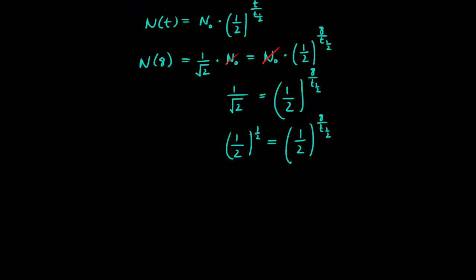And now that the bases are the same, I know that in order for the left side of this equation to be equal to the right side, well, 1/2 should be equal to 8 over the half-life. You can solve this equation. You can take the reciprocal of both sides and then multiply both sides by 8, or just cross multiply, and you should get that the half-life is equal to 16.